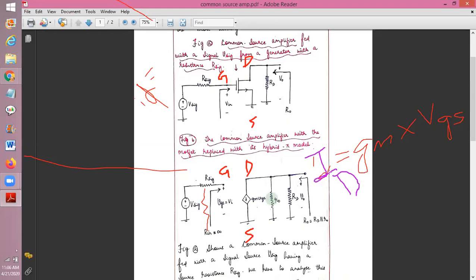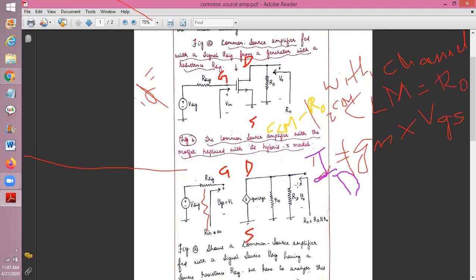Please write it neatly here: with CLM you have R0. If the device has not undergone channel length modulation, I should not include R0. So this is small R0, very, very important.